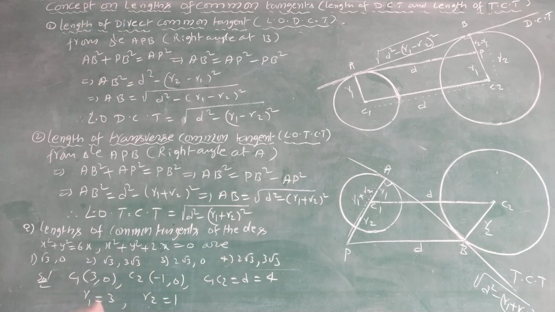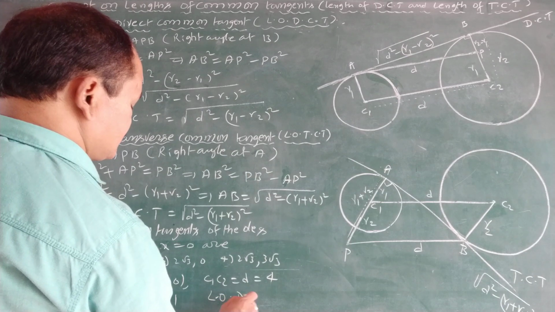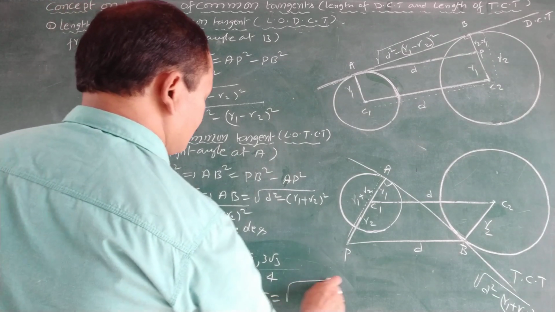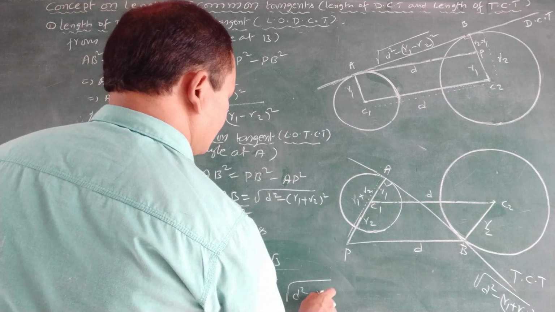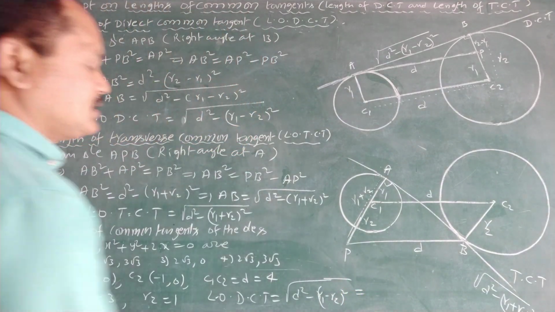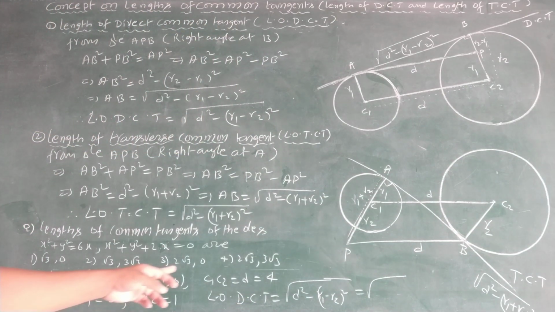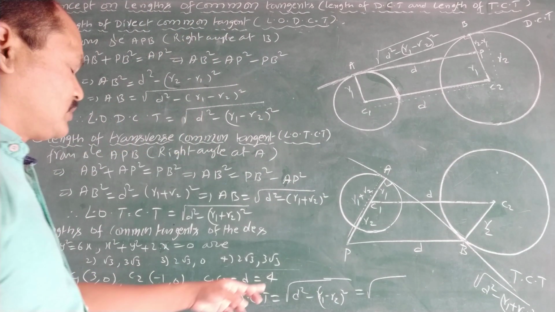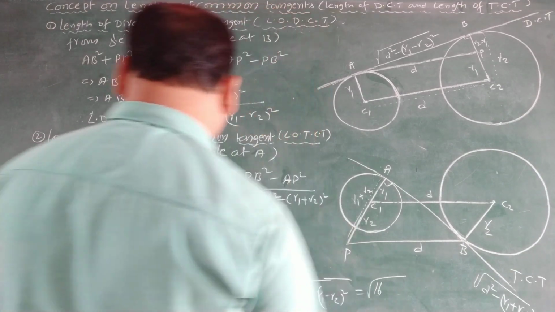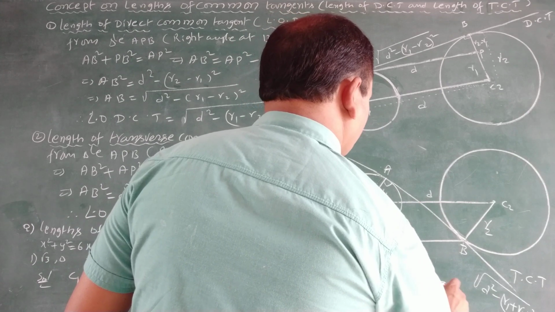Now the length of direct common tangent, formula: root of D square minus (R1 minus R2) whole square. That is square root of 16 minus 4, since D is 4 and R1 minus R2 is 2, so it is root 12, which is 2 root 3.